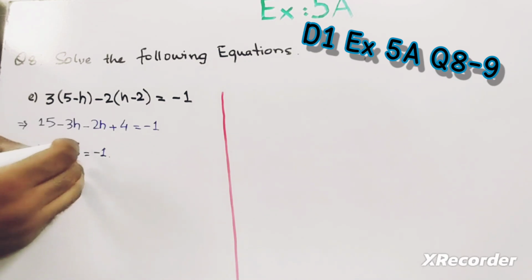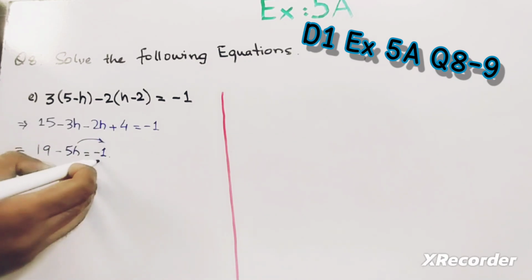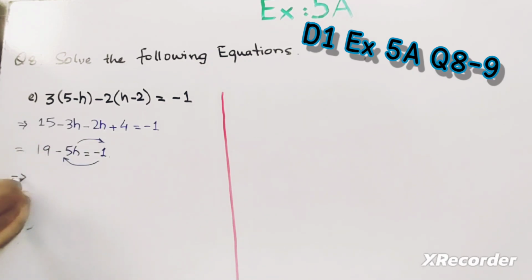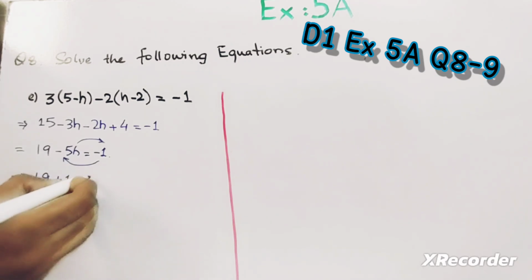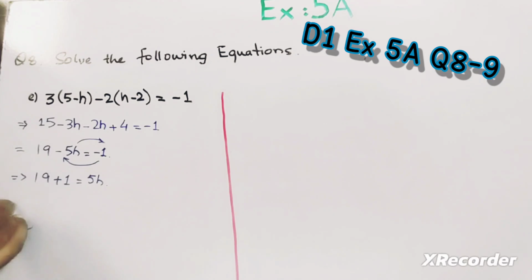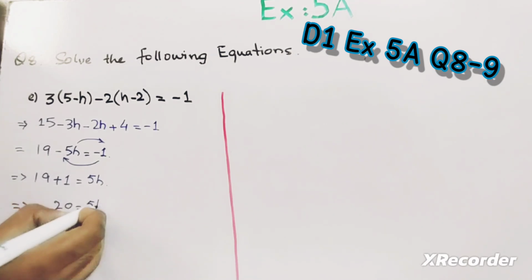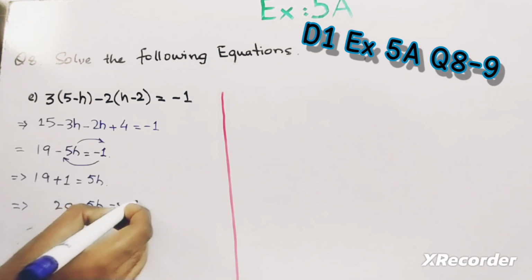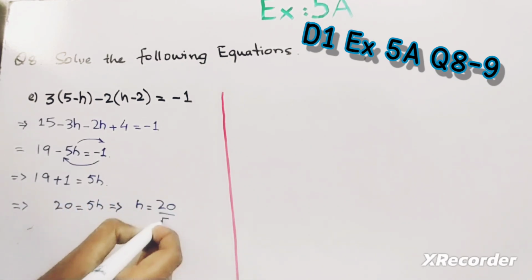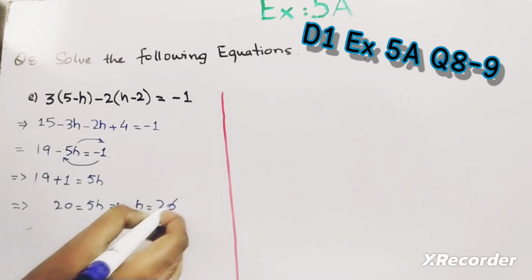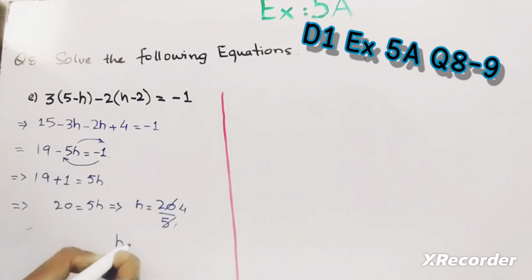So we can move 5h on this side and minus 1 on that side. So what we get is 19 plus 1 is equal to 5h. 19 plus 1 is 20 is equal to 5h, and h will become 20 upon 5. 5 times 1 is 5, 5 times 4 is 20, so our h will become 4, and that is our required answer. Hopefully you understand.